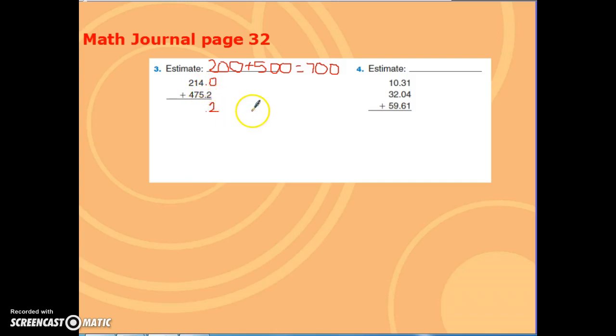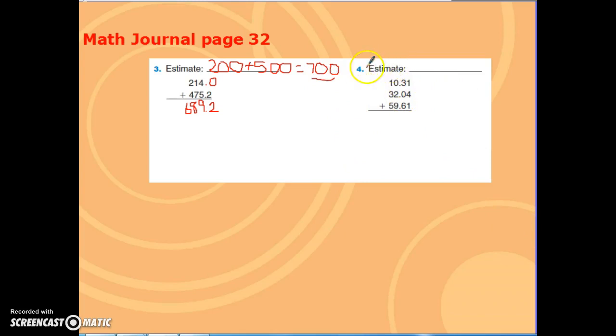That's really important in your answer. 4 plus 5 is 9. 1 plus 7 is 8. And 2 plus 4 is 6. And so you want to keep those lined up underneath of those columns as much as you can. I got the answer 689 and 2 tenths, which is pretty close to my estimate of 700.